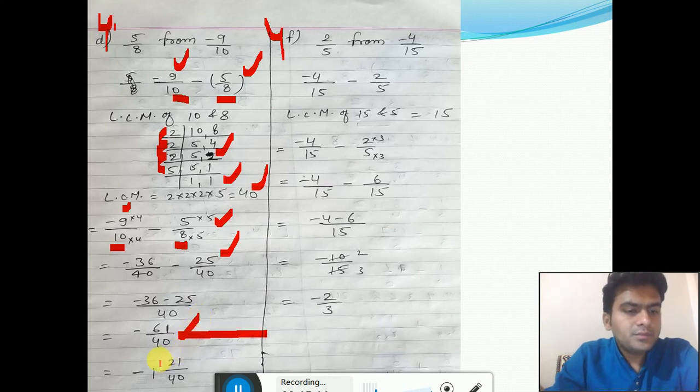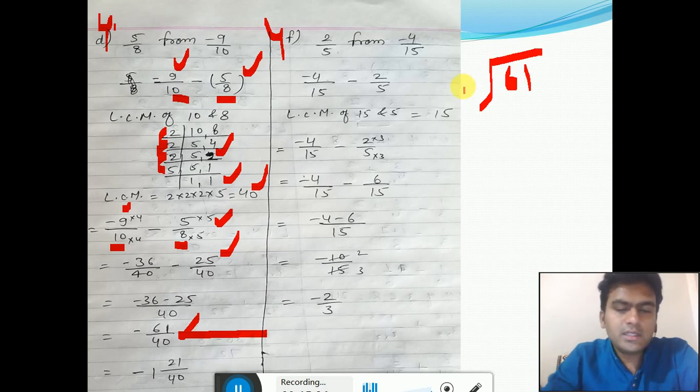Now minus 61 upon 40, how can we write it? 61 upon 40 is an improper fraction, so we will change it into a mixed fraction. 40 1s are 40, so we write 1 as the quotient and 40 below 61.